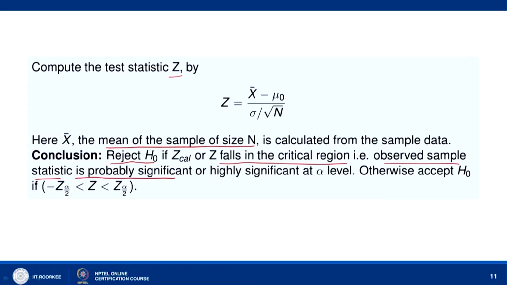That region is called the significant region. So the observed sample statistic is probably significant or highly significant at alpha level of significance. Otherwise, we accept H naught, and we will accept H naught if minus Z alpha by 2 is less than Z less than Z alpha by 2 in the case of a two-tailed test.